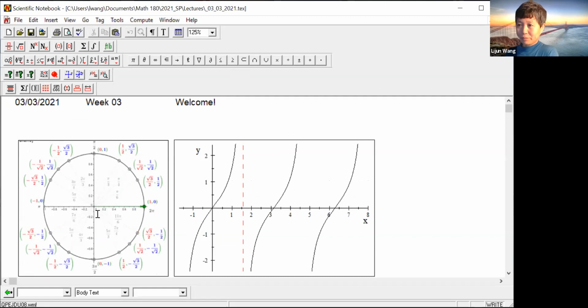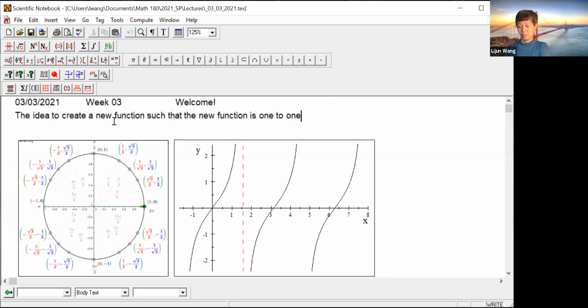So now, the idea is to create a new function such that the new function is 1-to-1, and then has an inverse.